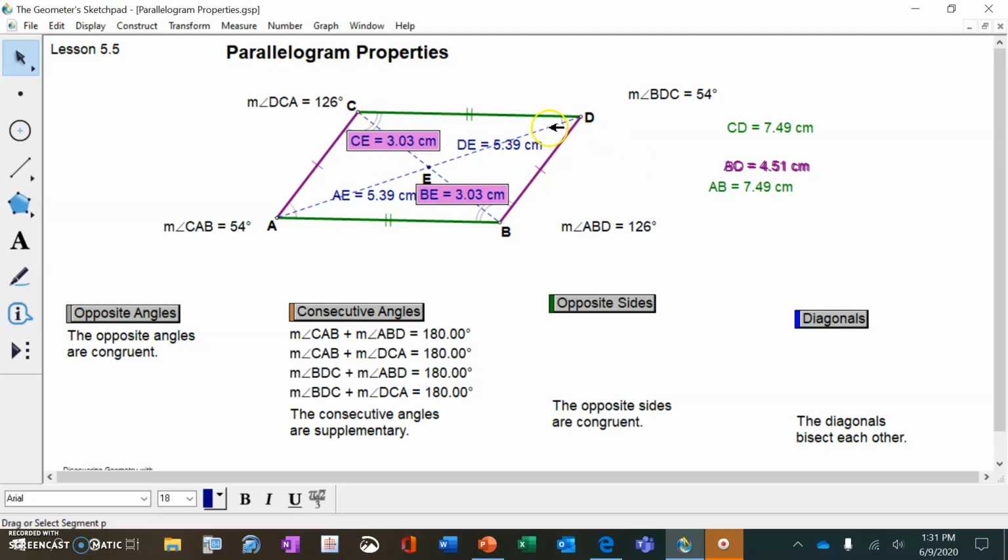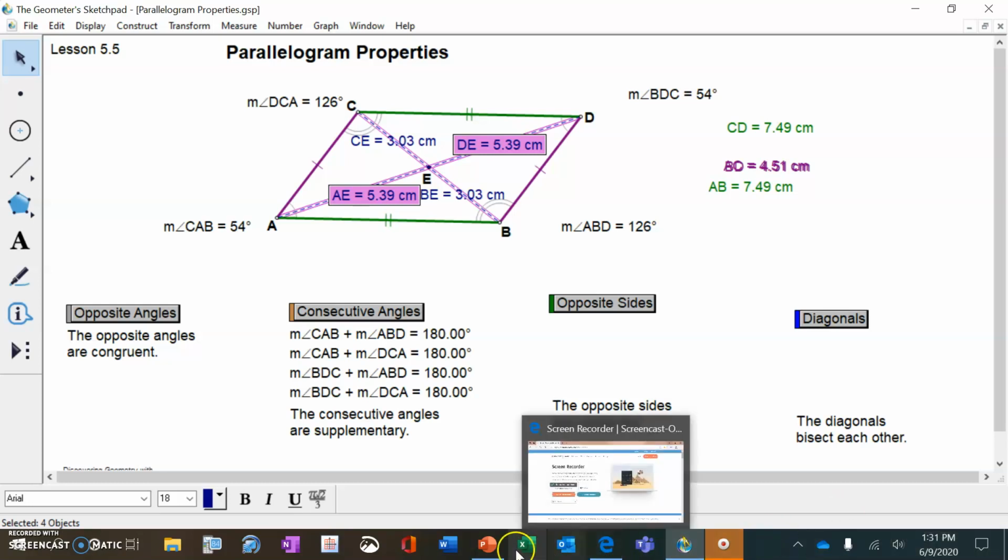So this diagonal bisects the other diagonal into two equal pieces. This diagonal bisects the other diagonal, I can't get the two equal pieces here, into those two equal pieces. So conjecture 44, the diagonals of a parallelogram bisect each other. So those are the four new conjectures for parallelograms.